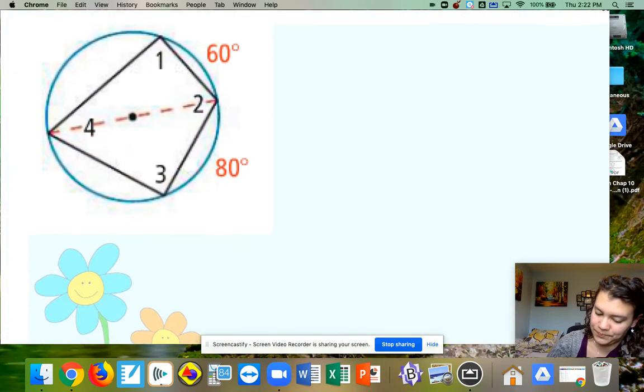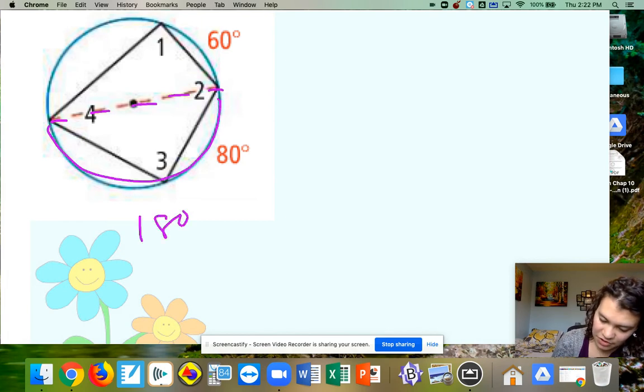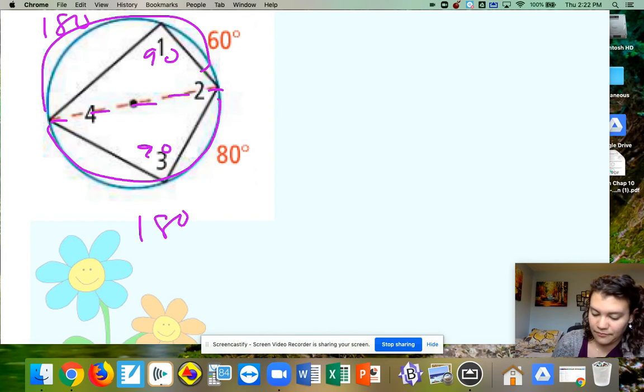All right, one more. Here we want to figure out what these different angles are. Here's our semicircle, or our diameter. So this is 180, which makes this 90. This is 180, which makes this 90. Then we can go from there to figure out the other ones.